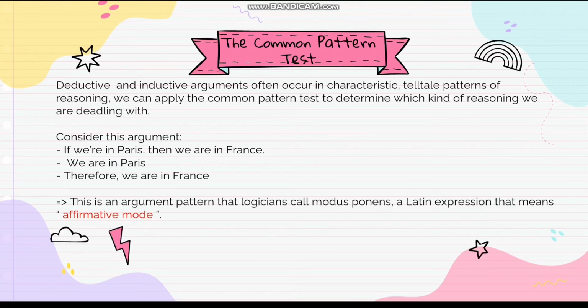The main pattern of the argument can therefore be thought of as follows: if A is true, then B is true; A is true; therefore B is true. This is an argument pattern that logicians call modus ponens, a Latin expression that means affirming mode. Because it is self-evident that it is a logically sound pattern of reasoning, all arguments based on it should be viewed as deductive.